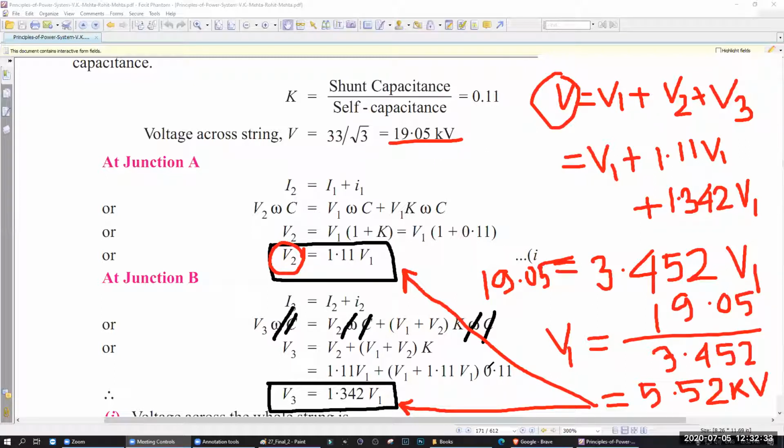Okay, now see, if you put the value of V1 in these two equations, you will get V2 and V3, right?